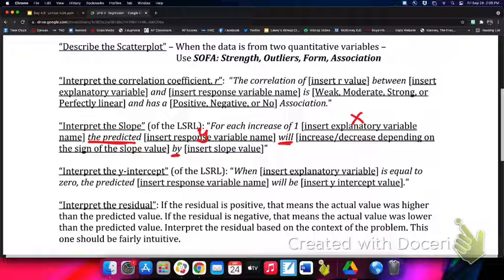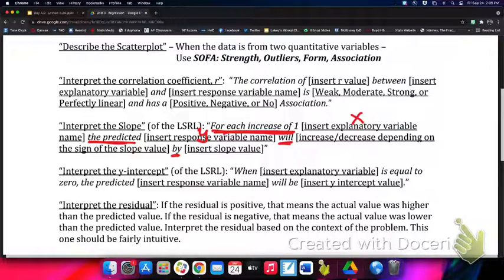I just want to point out that you're only writing what's underlined: for each increase of 1 in the x variable, the predicted y variable will either increase or decrease by that amount. So you're inserting, so it looks longer than it really is. I don't want you to get too hung up on the fact that this looks really long. That's for our slope.